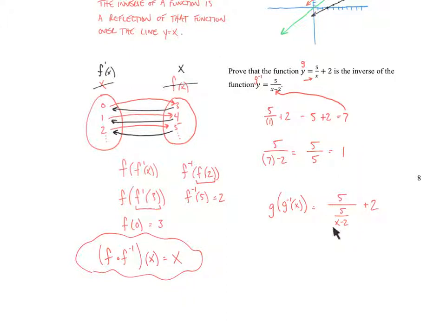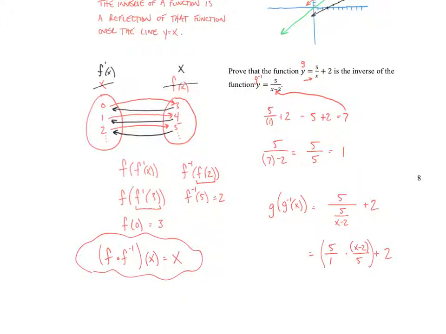Instead of dividing by this fraction, I would much rather multiply by the reciprocal of this fraction. So I'm just applying that rule from algebra. I'm going to have 5 over 1, and instead of dividing it by 5 over x minus 2, I'm going to multiply it by x minus 2 over 5. And I still have a plus 2 on the outside.